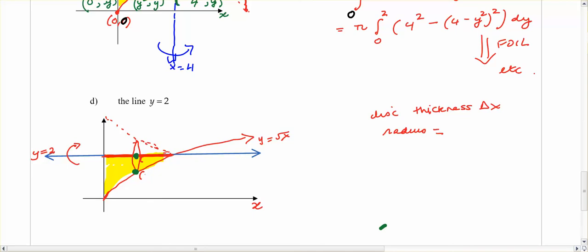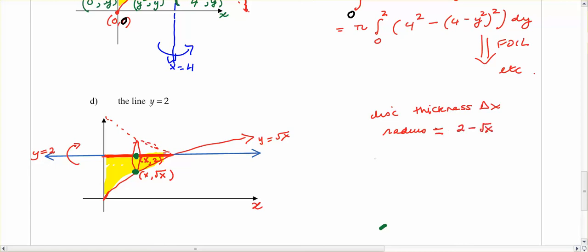Trust me on that. They have the same x coordinate. That's a reminder we're working in x's. The y's are different. The rim has got a y of root x. The center has got a y of 2. And so the radius is going to be given by, I've got two points vertically above each other, the upper y minus the lower y.